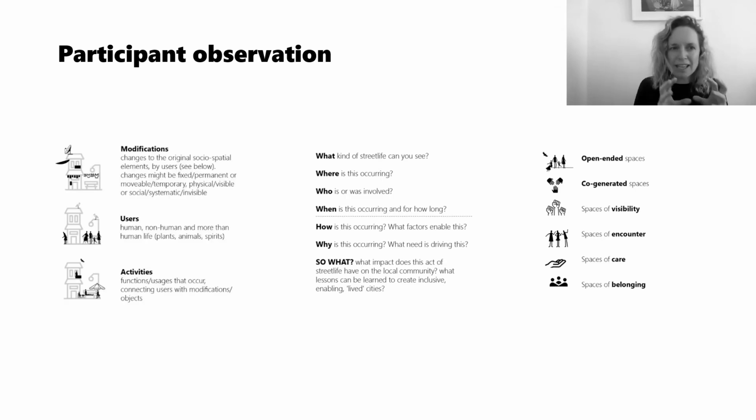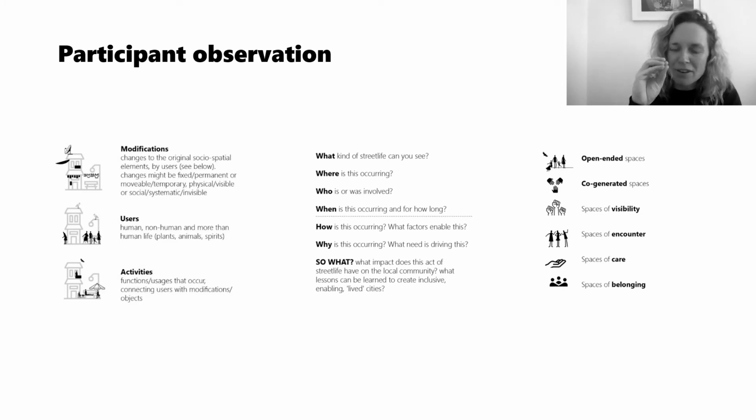So if we just recap, street life through the lens of participant observation means thinking about not just the buildings and the roads, thinking about the layers of life on top of that, the modifications that people are making, the spatial modifications, the users, humans and more than human life, and the activities, right?